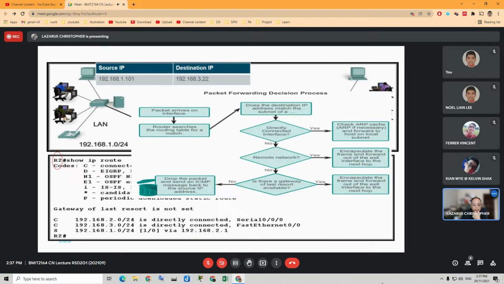Since that is 3.0, 3.0 will match this one. Remember this is R2, so the interface that's connected to the switch on R2 is this one, FastEthernet 0. Directly connected, yes. Then this process executes.